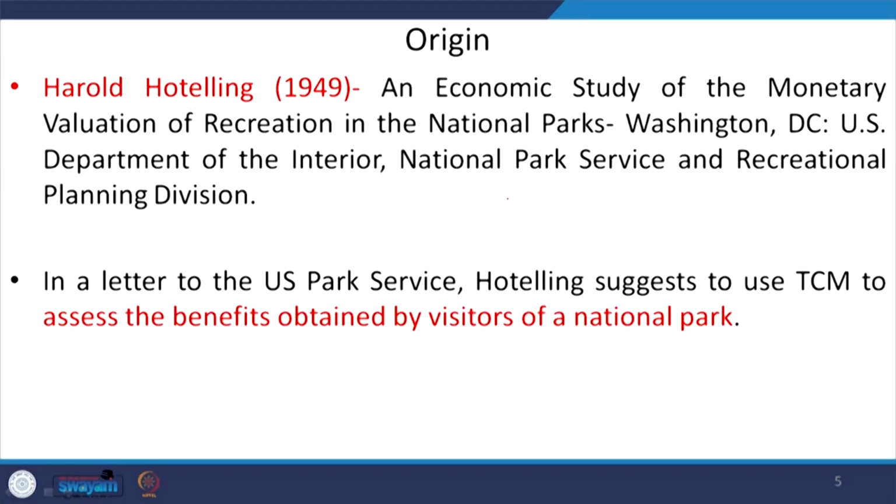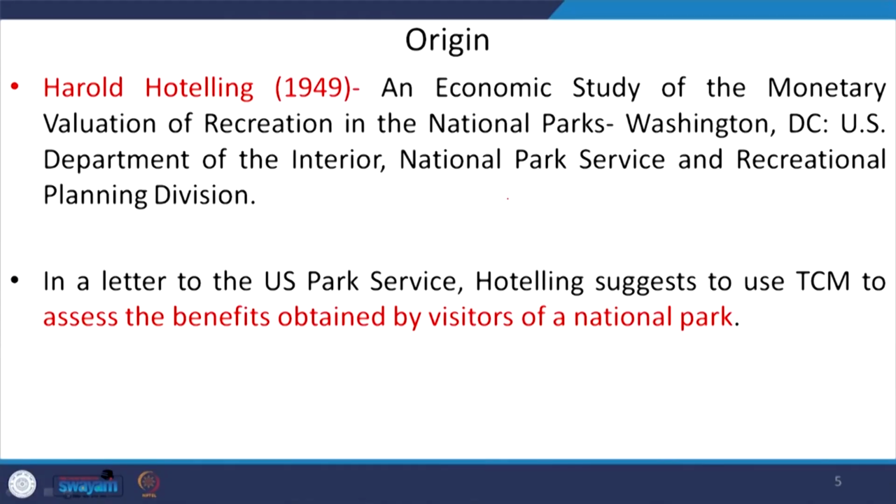But if you are going to the detail, as far as the origin is concerned, we can go back to 1949, Harold Hotelling's times. So, for the first time Harold Hotelling produced a report to the US National Park Service and Recreational Planning Division stating the recreational value of a national park.